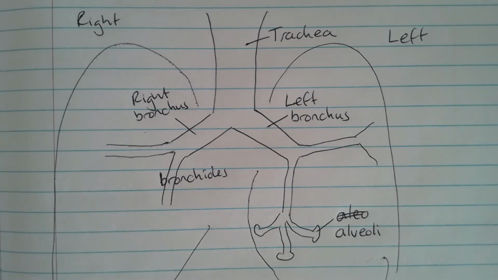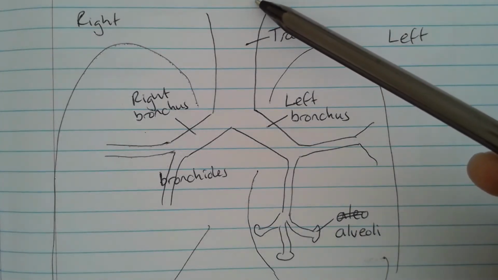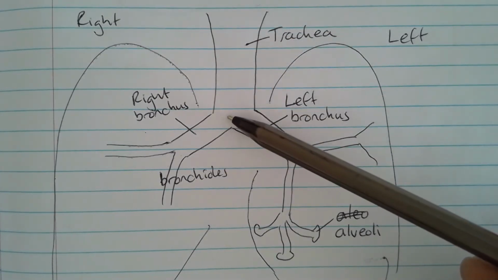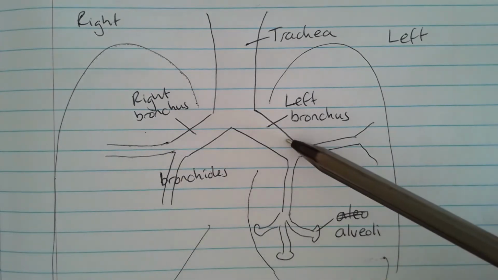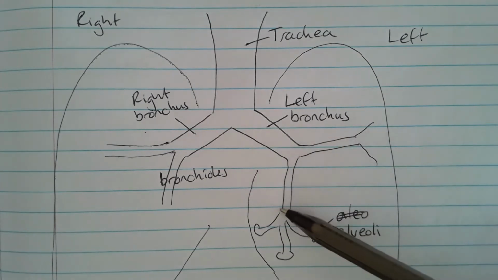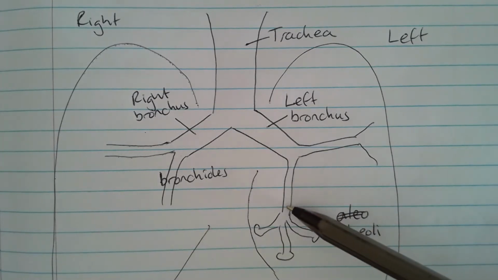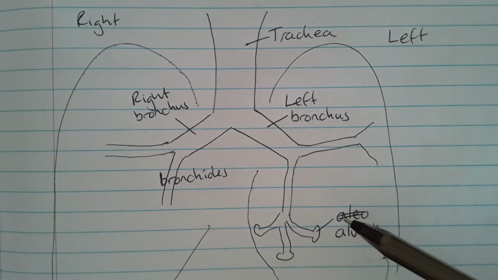So, just to summarise, the main structure that comes from the back of the throat into the lungs is called the trachea. The trachea breaks into two branches, the right bronchus and the left bronchus. Each of the bronchus break into smaller structures called the bronchioles, and at the end of each of those there'll be even smaller structures called the alveoli.